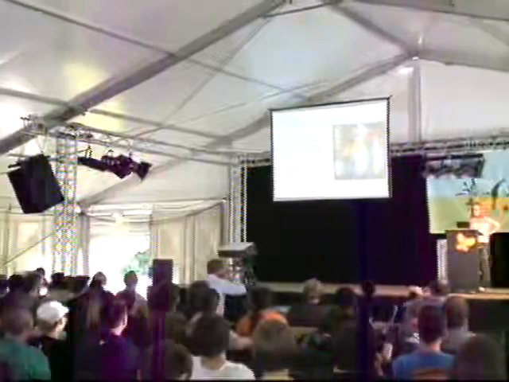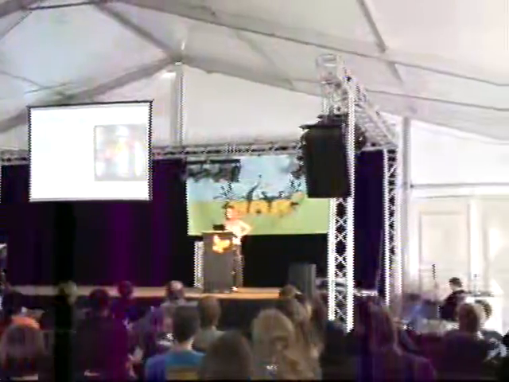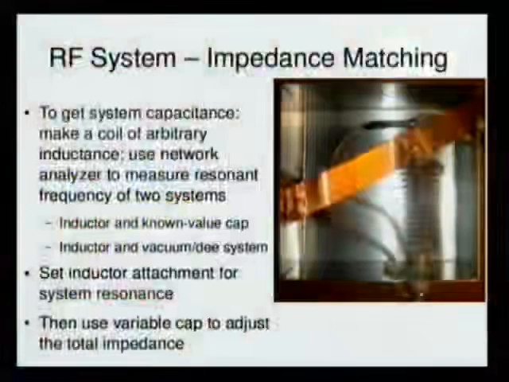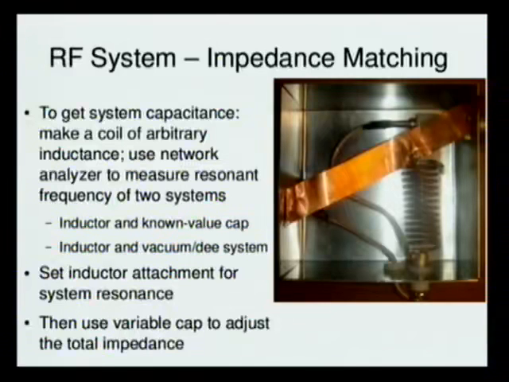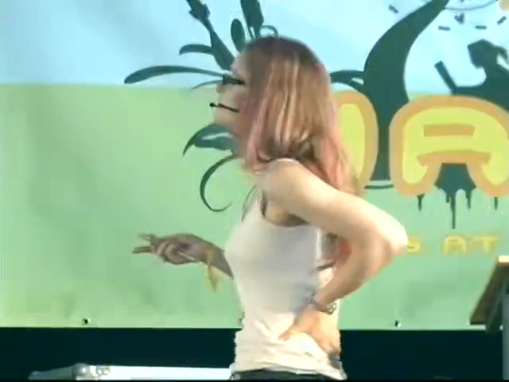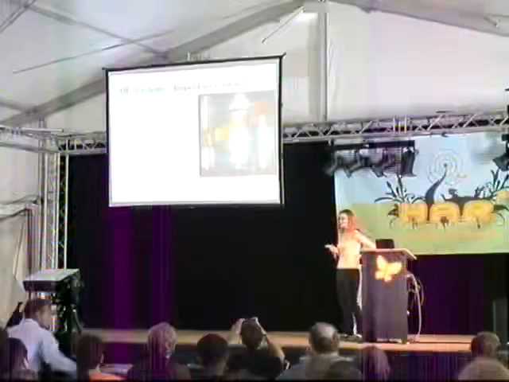It's difficult to get inductors at the inductance that you need, but it's straightforward to make them. You take some copper wire, this is just 8-gauge copper wire, I believe. Wrap it around something; I used a broom handle. Once you get a coil of maybe 10, 12, 15 turns, you use a network analyzer to measure the resonant frequency of two particular systems.